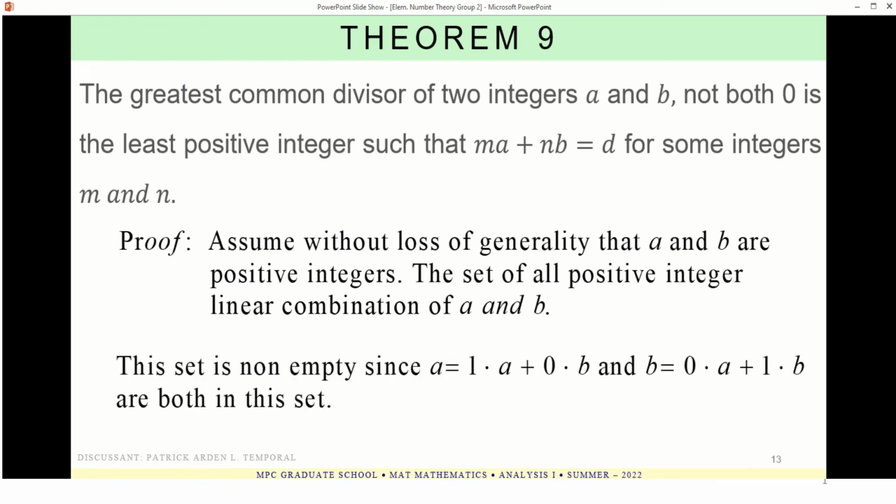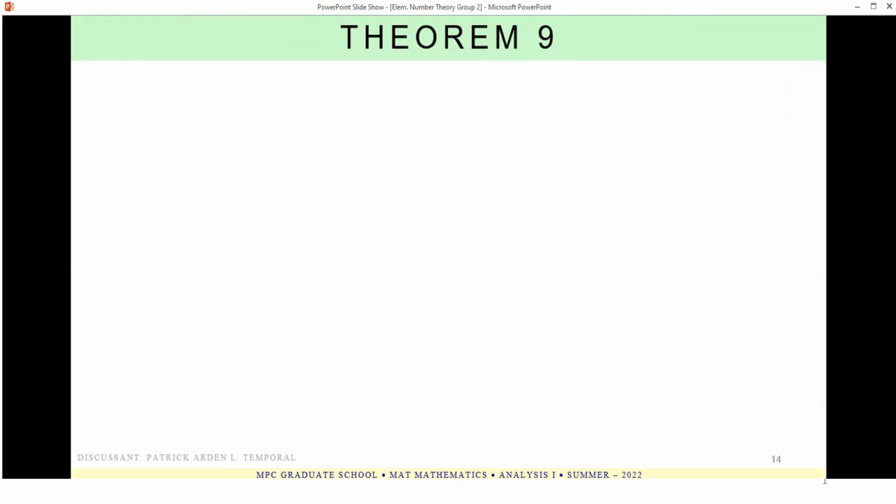This is non-empty since a is equal to 1 times a plus 0 times b, and b is equal to 0 times a plus 1 times b are both in this set. Thus, d is equal to m times a plus n times b for some integers m and n.